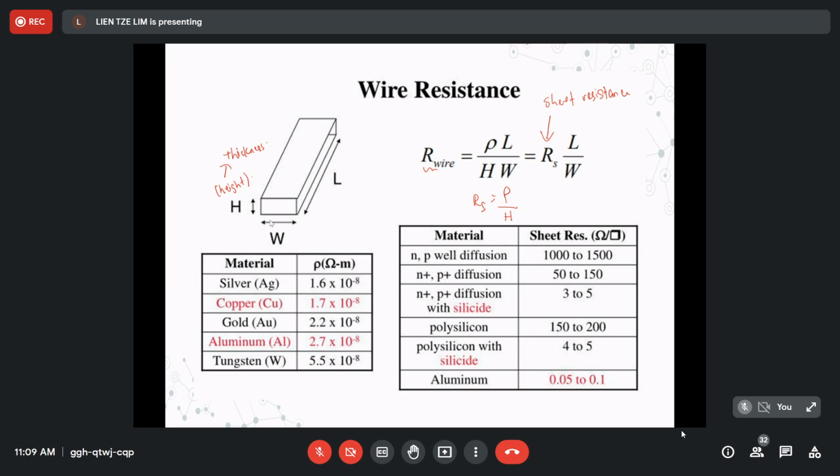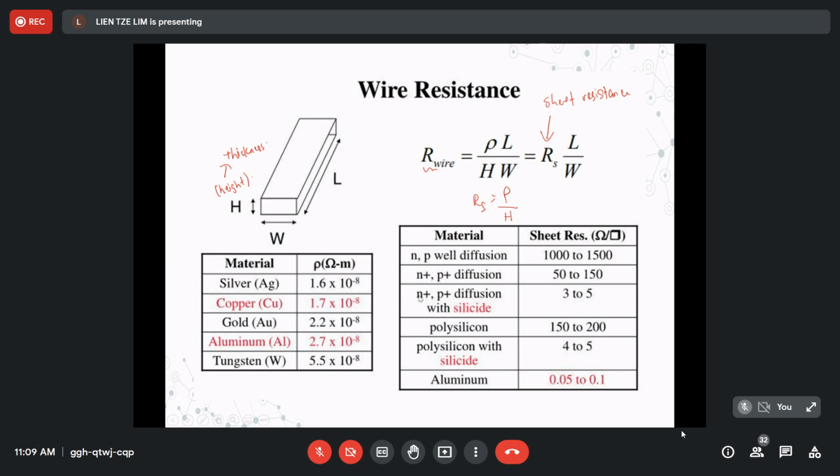Two tables are given here. You see the slide. This is a table for the resistivity of different materials. For metal layers, the materials that are used are copper or aluminum, with a certain resistivity.